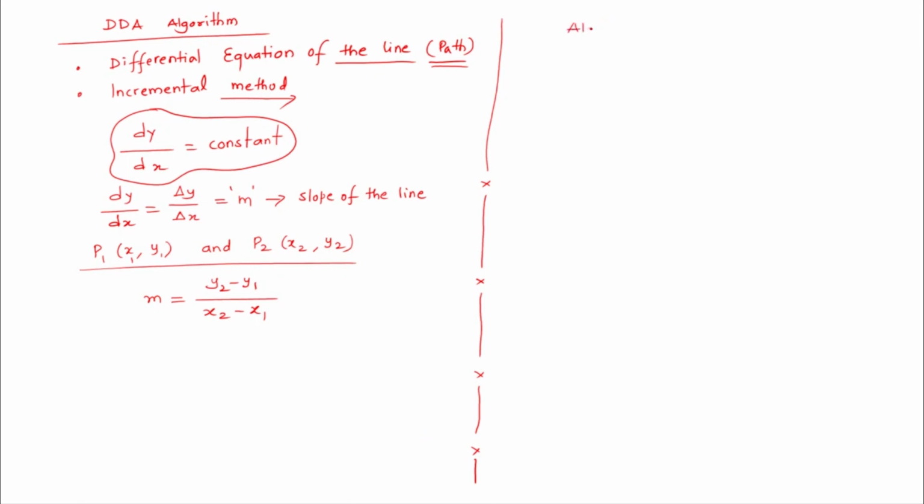This is the algorithm. The first step is that we have to choose or select the initial point, that is P1, x1, y1.